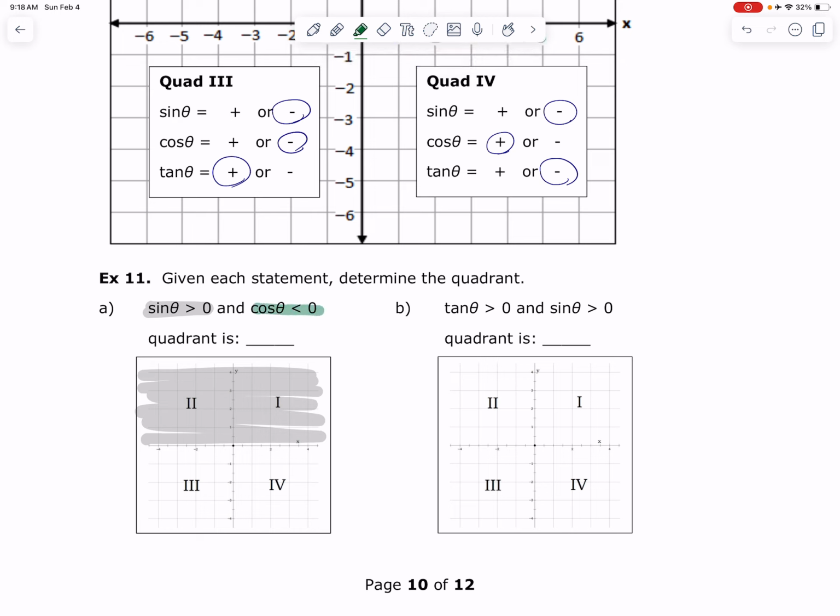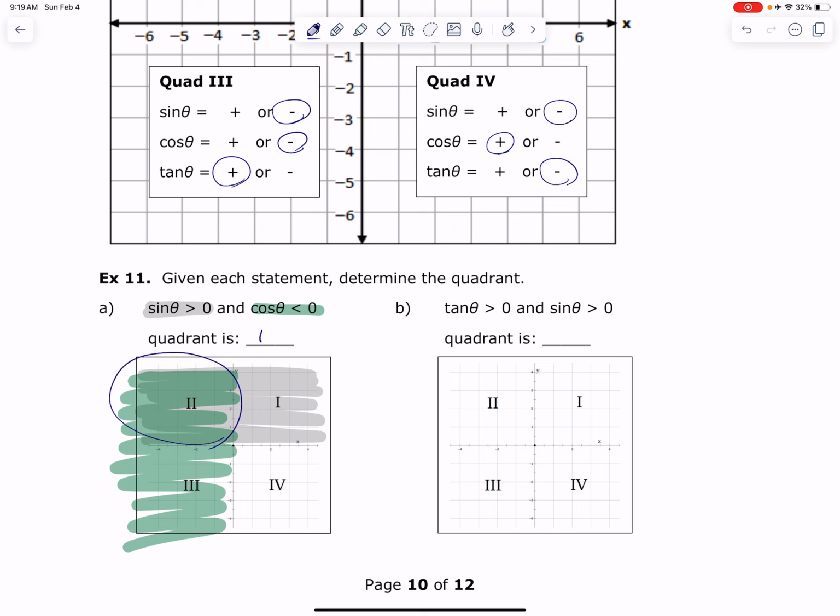Here, cosine, though, has to be less than 0. Cosine is negative. So to the right of the y-axis, cosine is positive. So to the left is where our cosine is negative. And of course, we are looking for this spot where they overlap. So sine is positive and cosine is negative in quadrant 2.